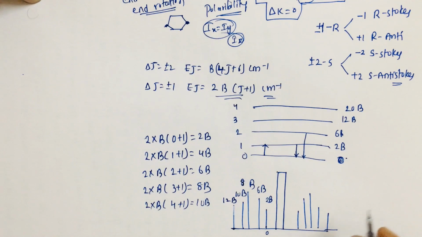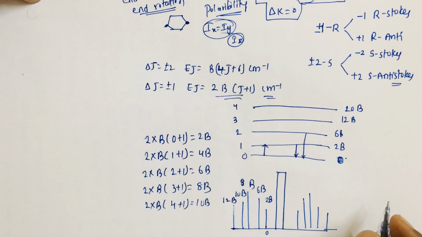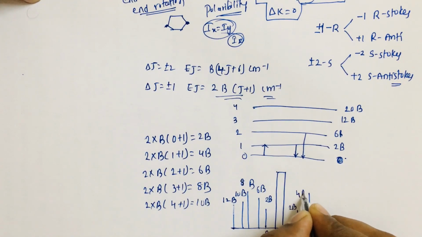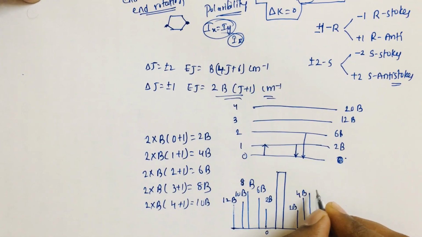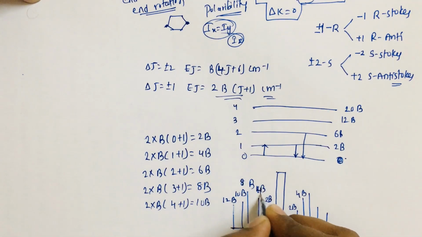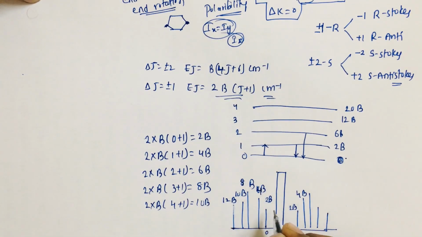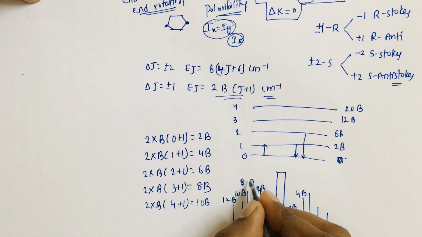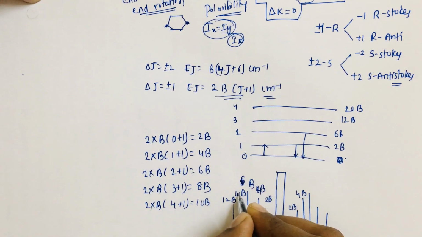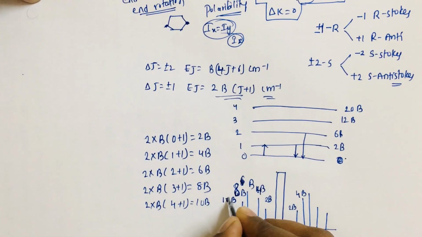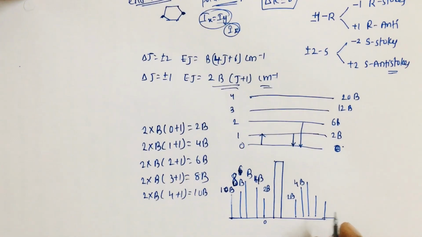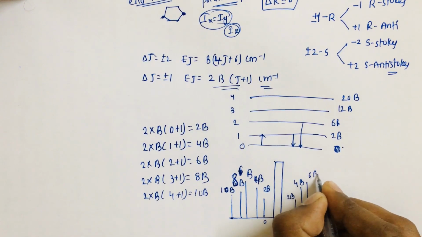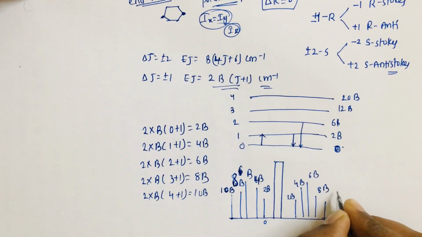Now here also 2B, 4B, 6B, 8B, 10B, and then 6B, 8B, and 10B.